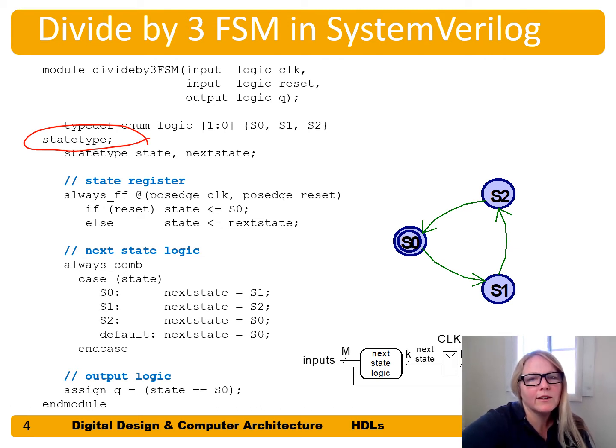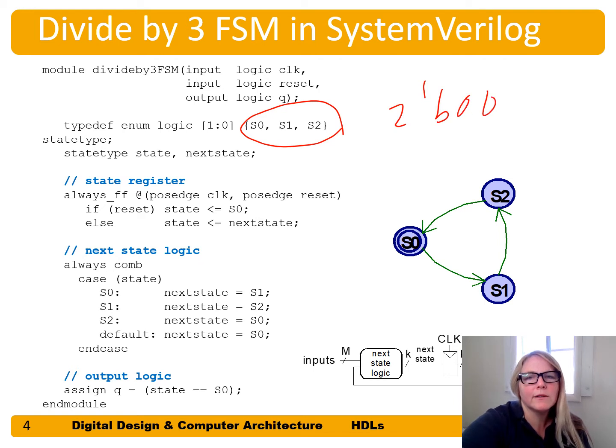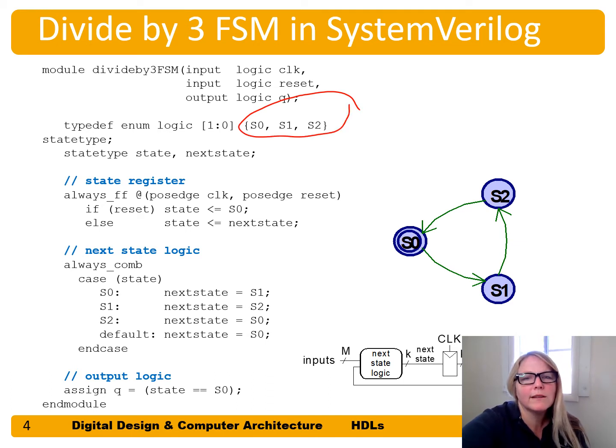That's so I can use these symbols, S0, S1, S2, instead of 2-bit binary 00, 01, or maybe if I choose some other encoding like 1-hot encoding. I don't have to specify that. I can just say, for that 2-bit signal, I'm going to define this type called state type that's S0, S1, S2, and we know that underlying it, it's a 2-bit logic signal.